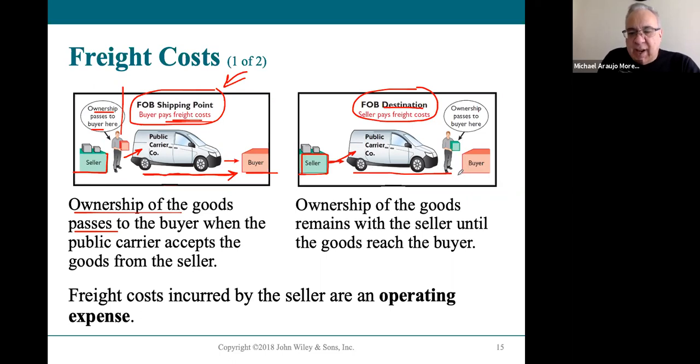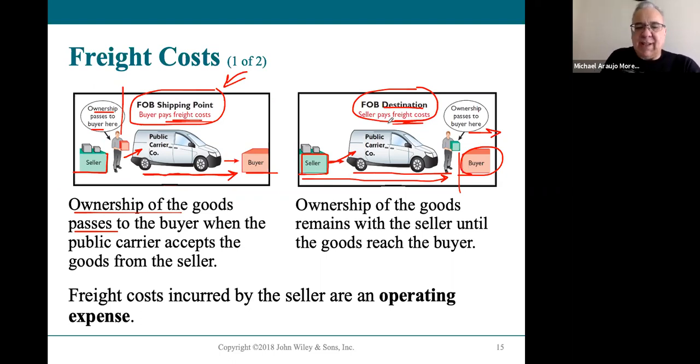And then when it got to the destination where the buyer is, that's when the ownership transfers to Sock Stereo, which means when it's in a box and when it's in transit, it's still owned by the seller. That's their inventory. So they're going to pay for the shipping and the insurance because that's still their property.